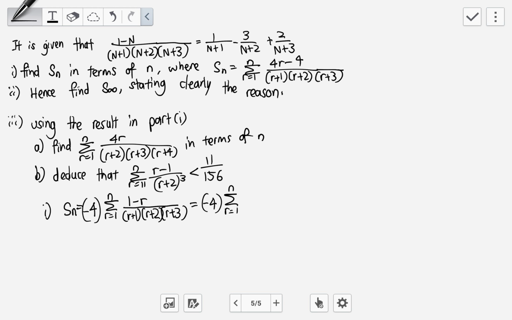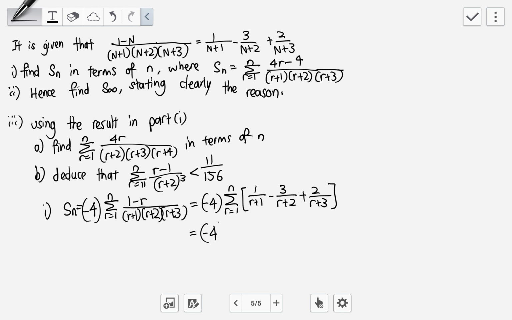So this part would be just equals to 1 over r plus 1, minus 3 over r plus 2, plus 2 over r plus 3. And to solve this part, I will use the method of difference.